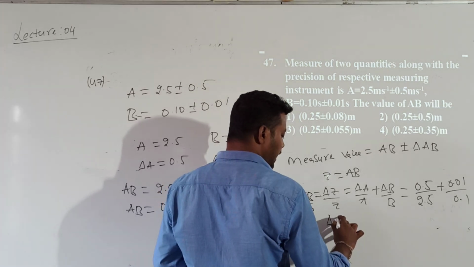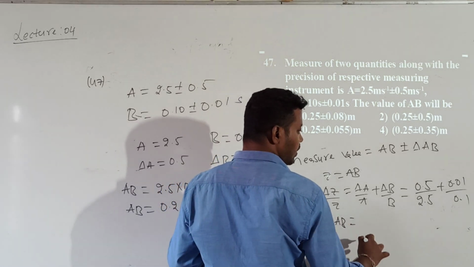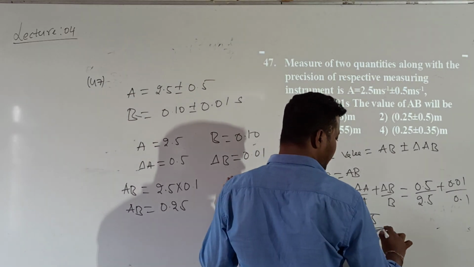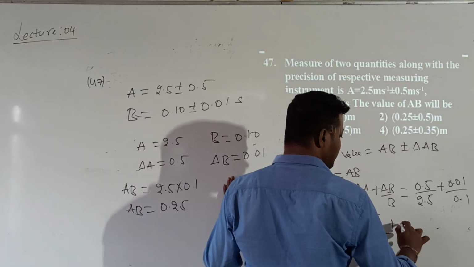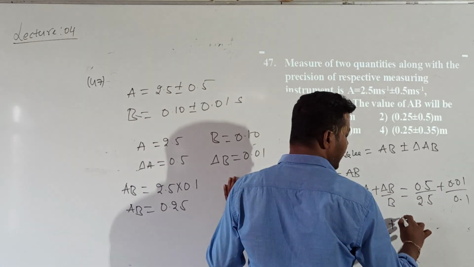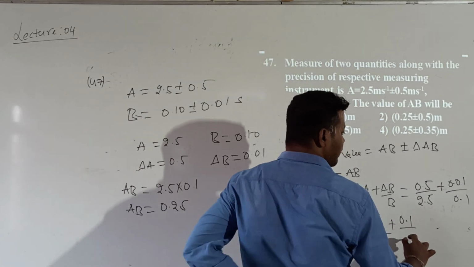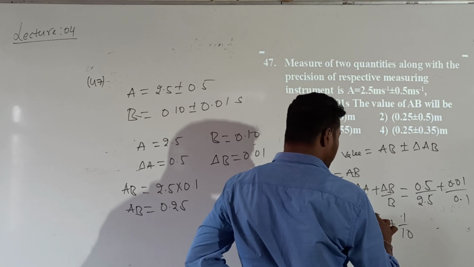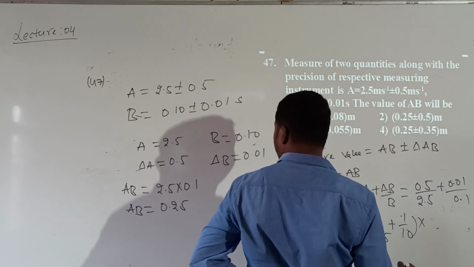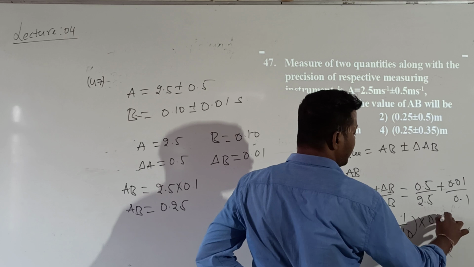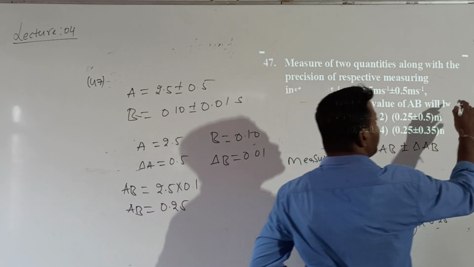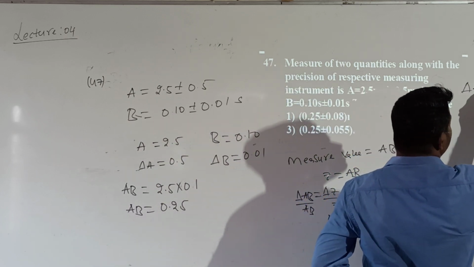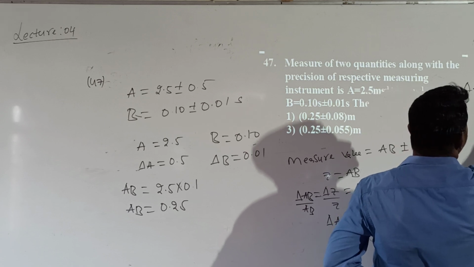Now delta AB will become: 5 divided by 25 plus, decimal cancelled, 0.1 divided by, or 1 by 10, into the AB value. AB value is 0.25. So after simplification you will get delta AB equal to 0.08.